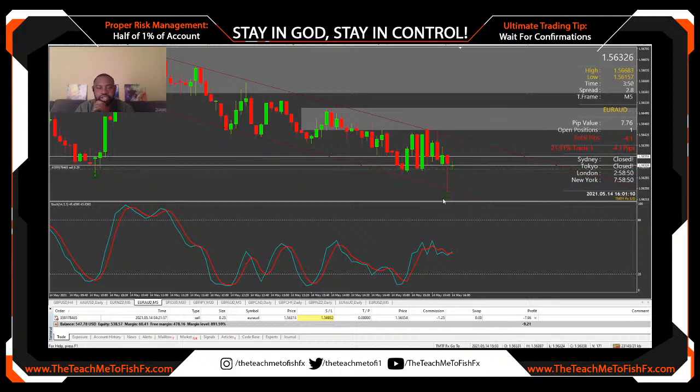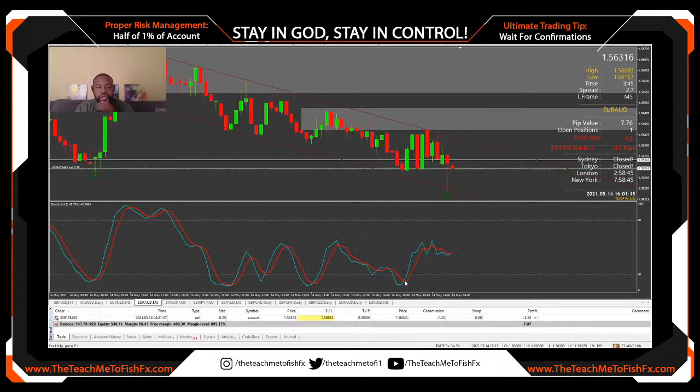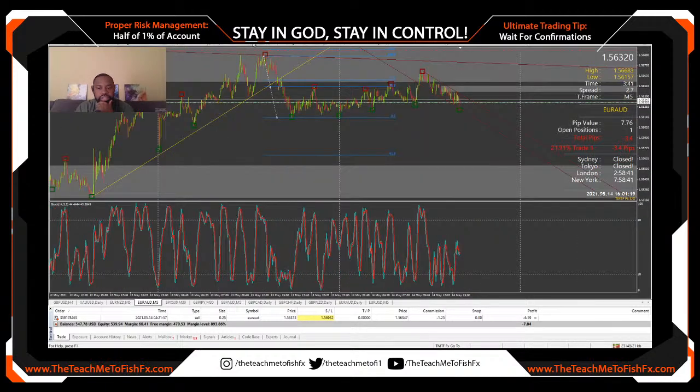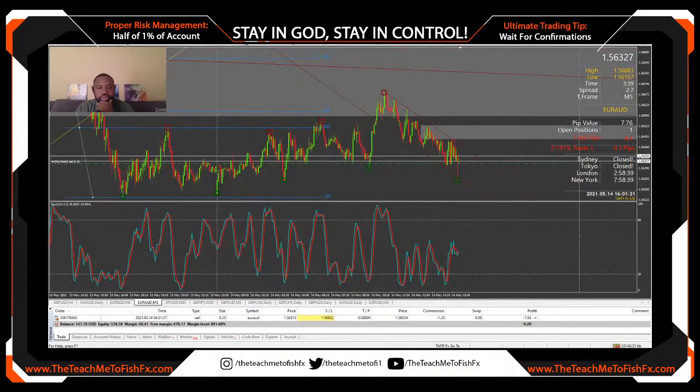I do have an exhaustion square here, as well as the stochastic making its way up, so we'll see. It may go to the top of our channel right here.